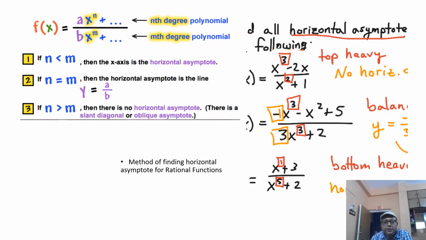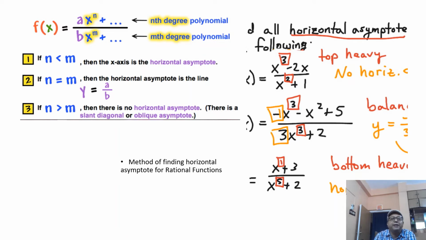Now I am going to show you how to find the horizontal asymptote equation in the case of rational functions. A rational function will be of this form: f(x) equal to ax to the power n plus other degree terms in the numerator, and similarly the denominator is bx to the power m plus other degree terms.